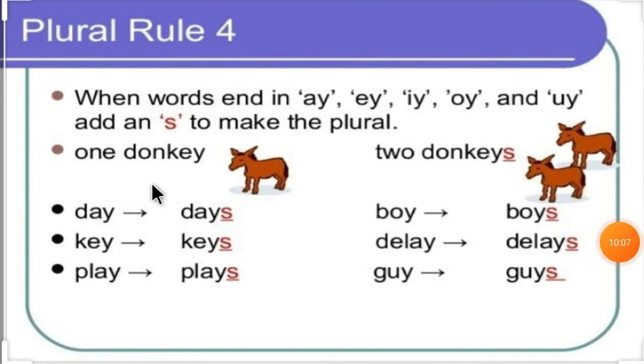Then see the example. One donkey, two donkeys. The spelling ends with y and before y there is a vowel sound: A-E-I-O-U. Right? Let's see some more examples. Day, days.